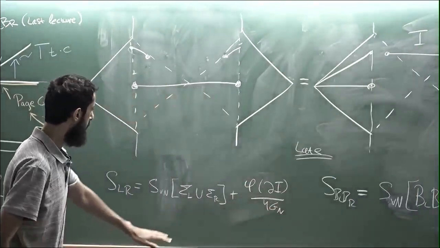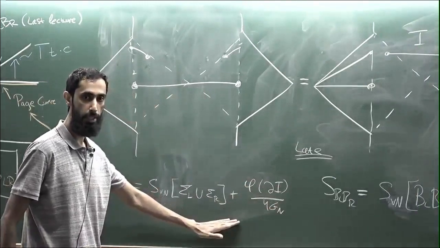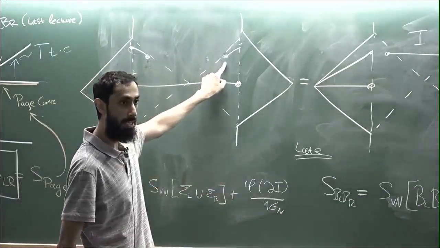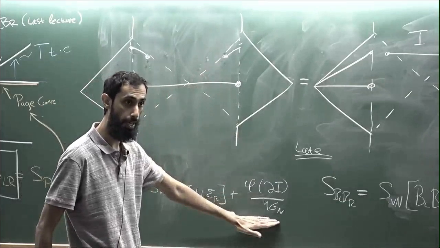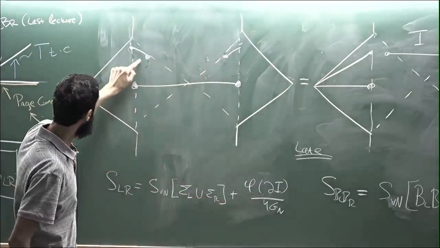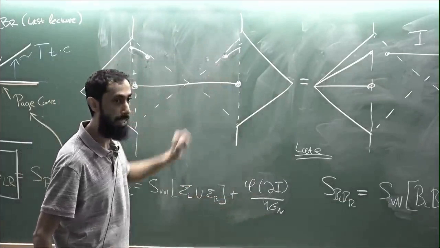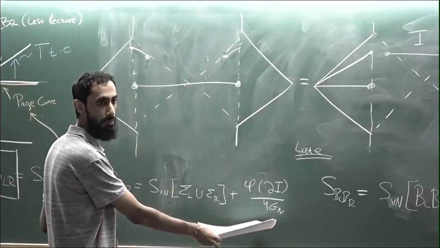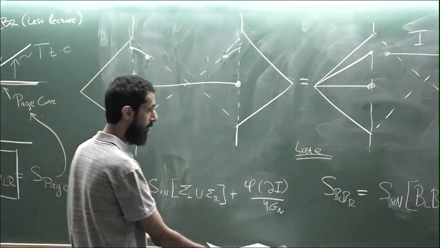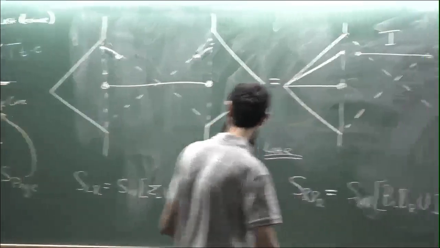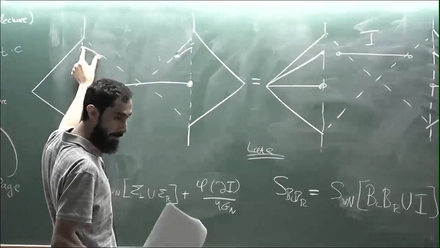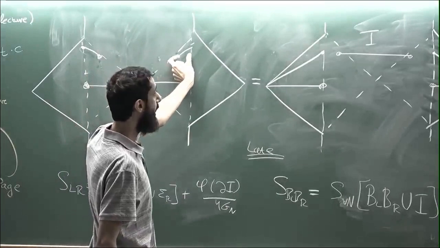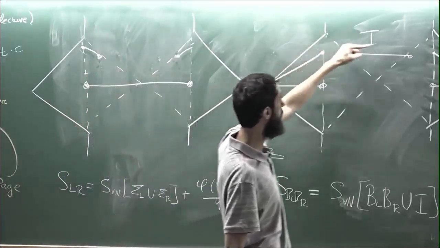First, let me make sure that you understand this formula. This is what we just saw. The entropy was the sum of the 2 dilatons, phi L and phi R, that's the entropy of the boundary of I, plus the von Neumann entropy of the union of this region plus that region. Sometimes you can look at the complement of this calculation: the bulk entropy of the quantum fields of this region union this region is equal to the entropy of its complement on this Cauchy slice.